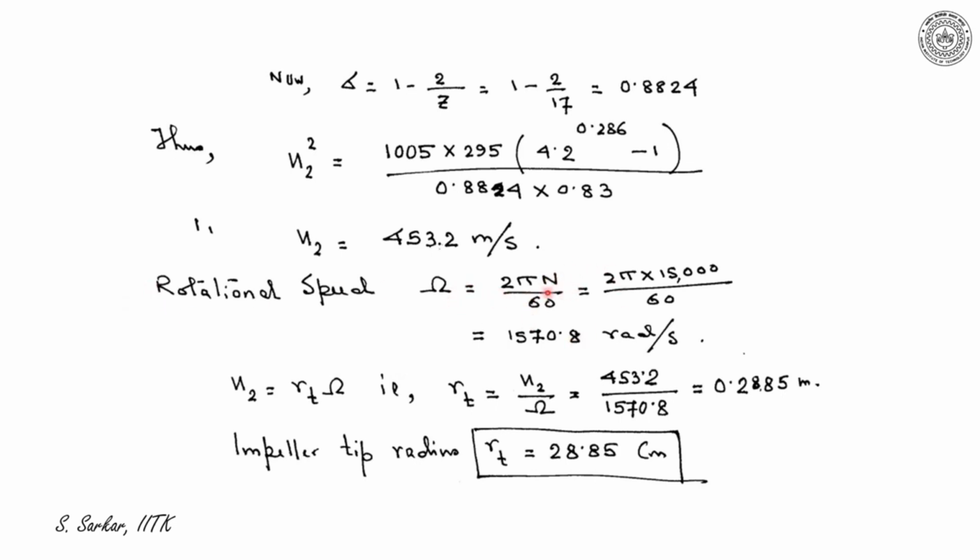I know N, that is 15,000 rpm. Thus, omega is equal to 1570.8 radian per second. Now, U2 must be equal to RT into omega. Thus, I can evaluate RT as U2 by omega. I have substituted the value of U2 as 453.2 and value of omega as 1570.8.